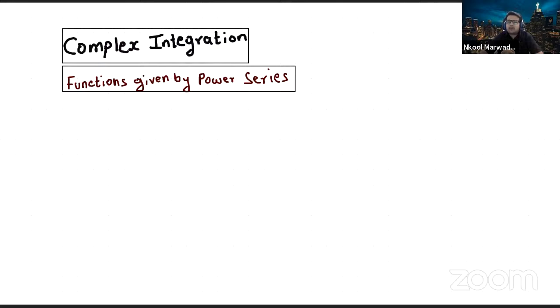Similarly, if I have a complex function, I can expand that complex function, I can convert it into a series. And that is what we are learning: if we are given a complex function, how to convert it into a series. So now we are focusing on Taylor series.